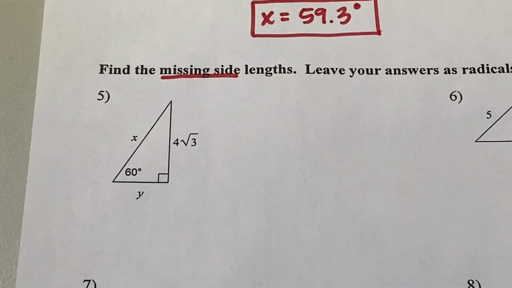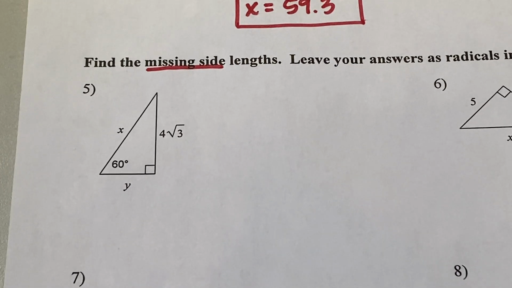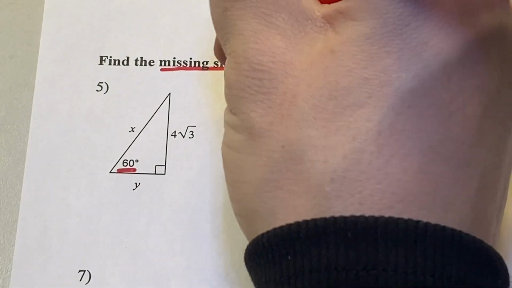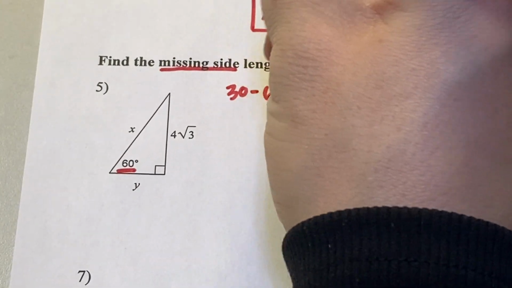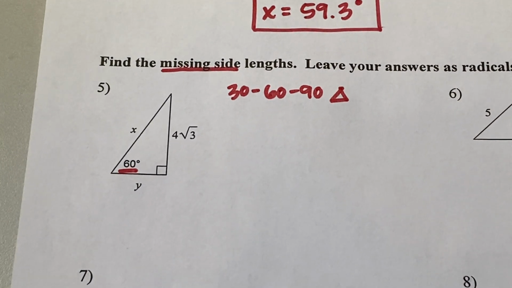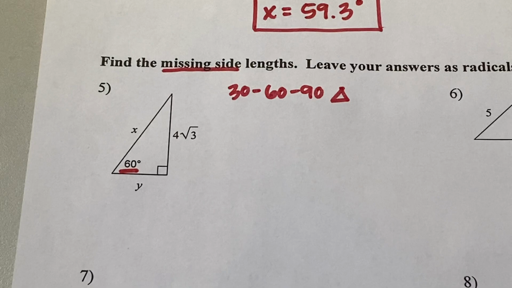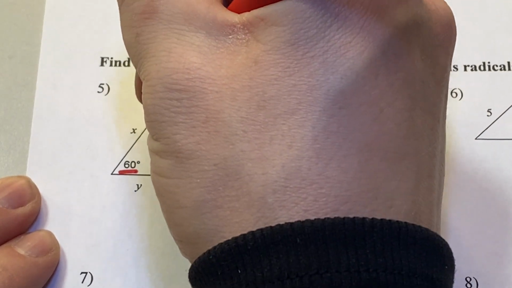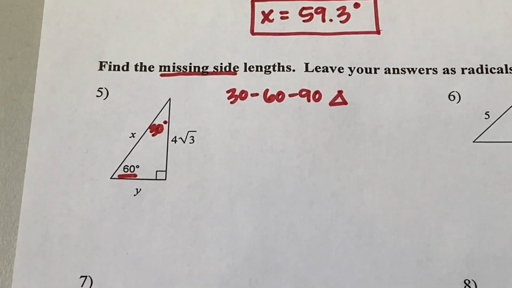So looking at number 5. Okay, this guy, we see our 60 degrees. So we know this is our 30, 60, 90 triangle. That 60 degrees tells us that. Now let's go ahead and label how these sides started. Well, if that angle's 60, that side has to be 30.